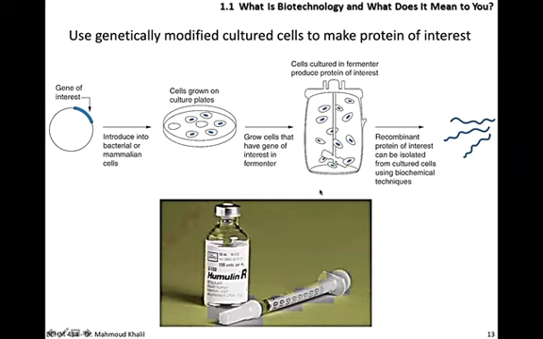Initially they were getting the insulin from sheep or horses, which was very expensive. But now, since they express the insulin in bacteria and they have huge fermenters, this lowers the cost of insulin and increases the yield of insulin for human use.